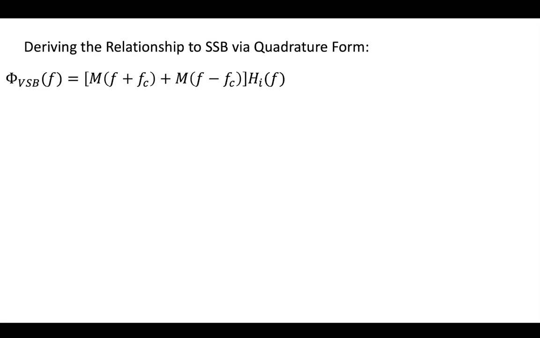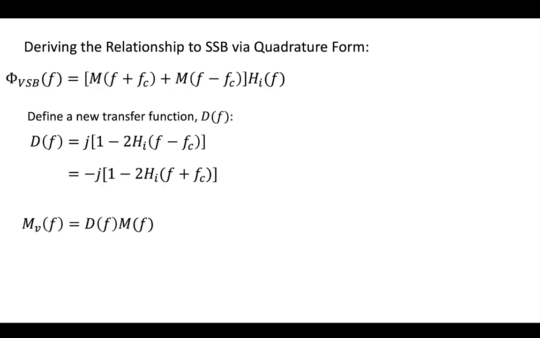So the first step is to define a new transfer function D, and we're going to say that our D transfer function is imaginary and includes this input filter that's been shifted at plus and minus fc.